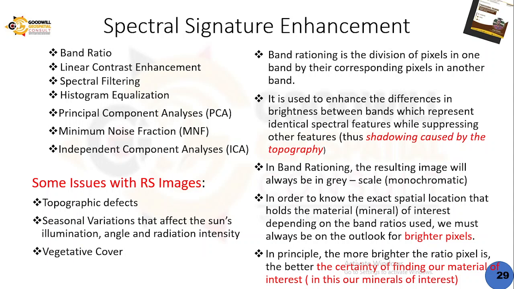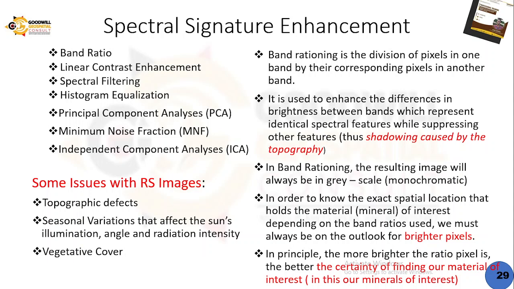Sometimes the images have a high correlation effect. Certain materials tend to correlate with certain materials depending on the closeness of their wavelength of absorption. Some materials have close wavelengths of absorption. So in a raw image, you can't distinguish one material from the other unless you do enhancement at a spectral level. So we also have the band ratio. The band ratio is also for spectral enhancement.